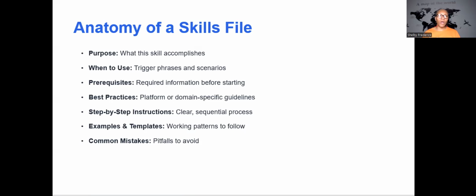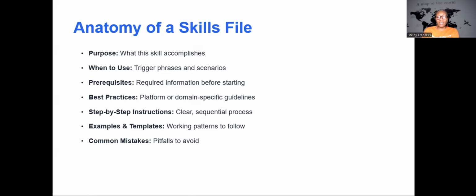Say I'm working on a campaign for holiday giving. I can put into the skills file certain trigger phrases or certain scenarios, and it will automatically be triggered whenever I type that into a chat.